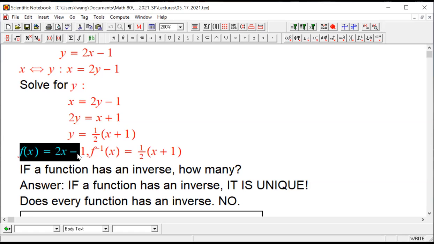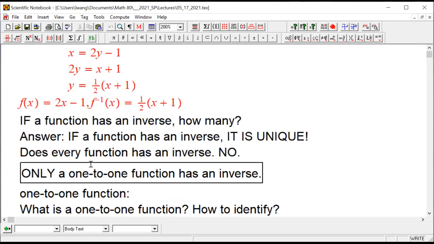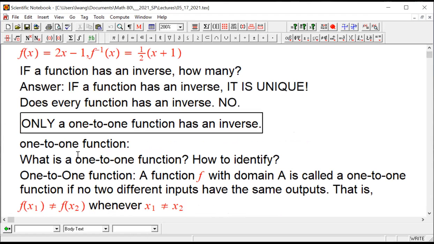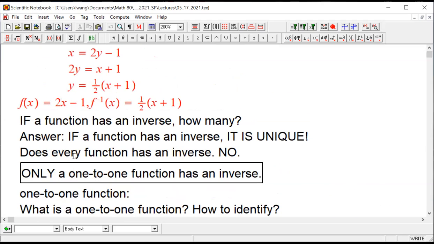Is this a one-to-one function? I told you that it has the inverse. It is a one-to-one function. And what does it mean that for different inputs, it must have different outputs? What is the graphical meaning of it?